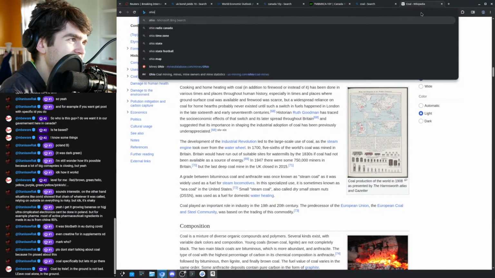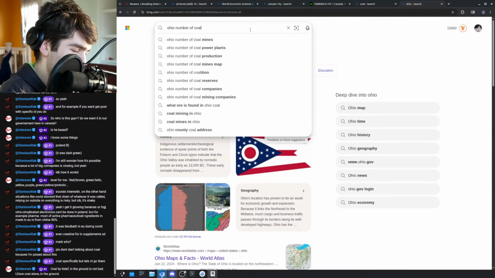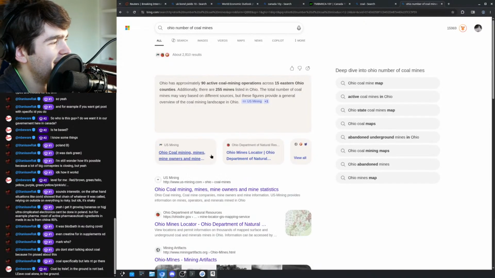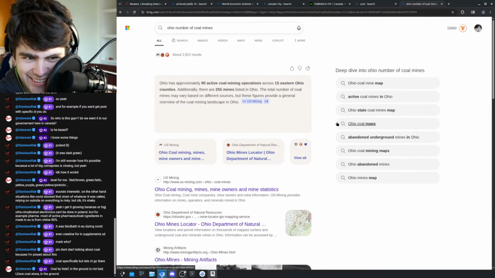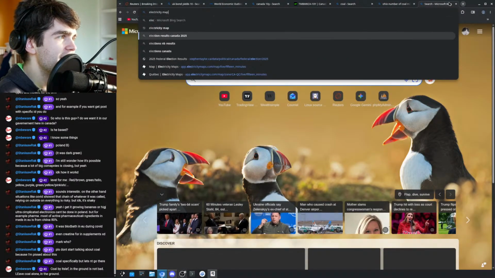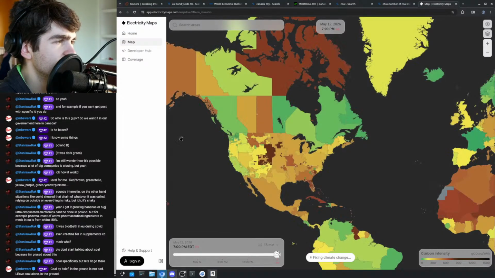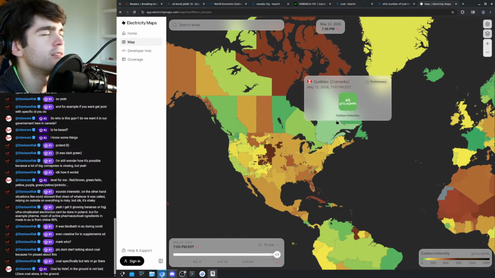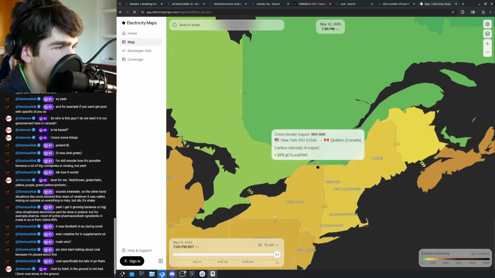Ohio. Get my Ohio number of coal mines. Okay. Let's have the electricity map and feel good about ourselves. Look, we're selling power. Sell more power.